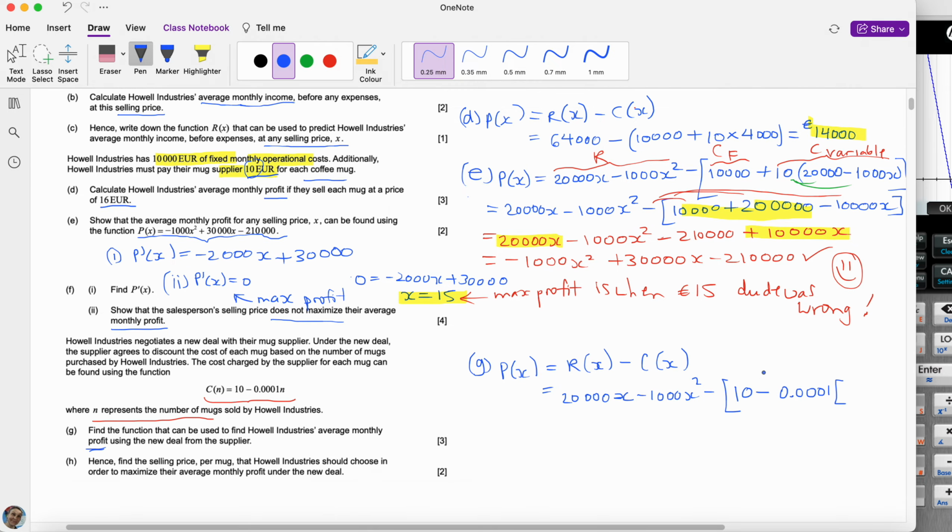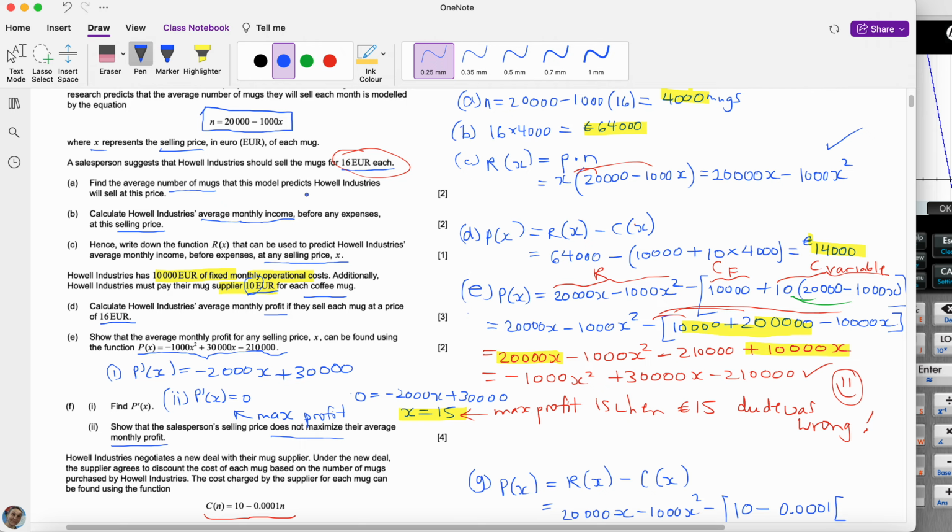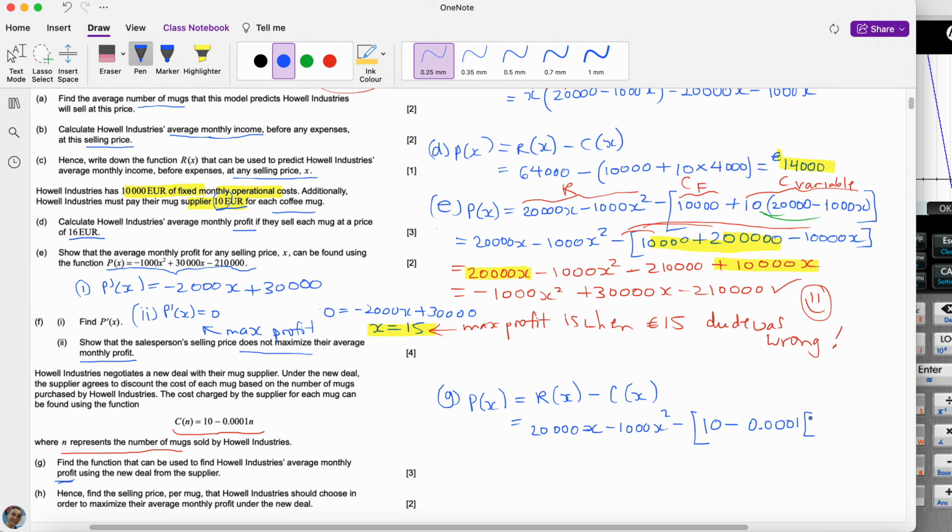And then we're going to substitute the number of mugs here, which is 20,000 minus 1,000x. So then we're going to have 20,000x minus 1,000x squared minus, okay, let's open this bracket.